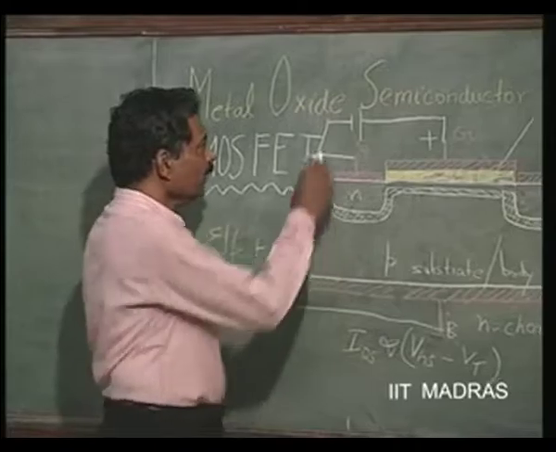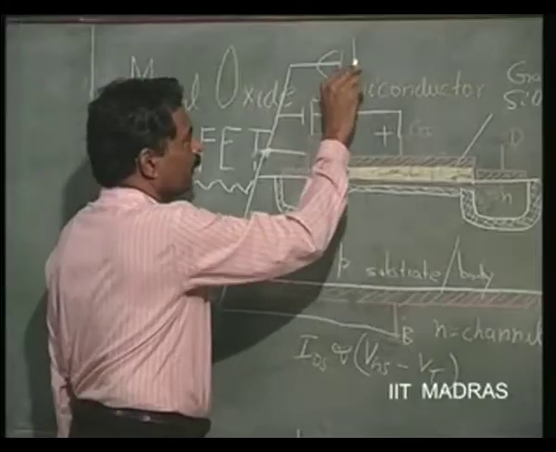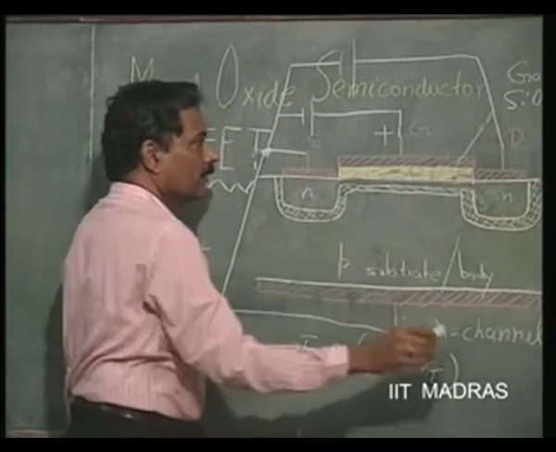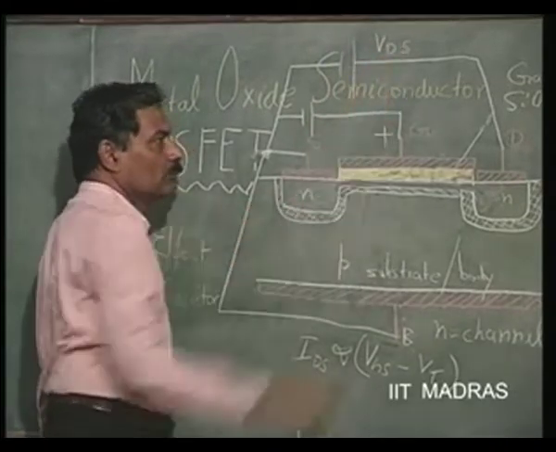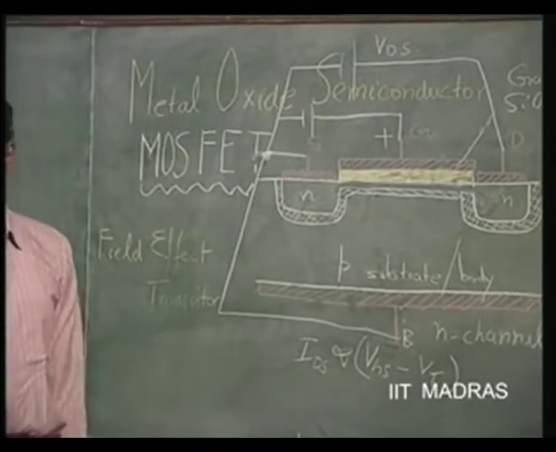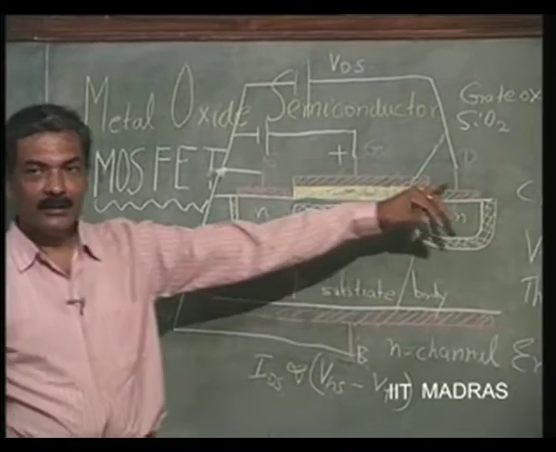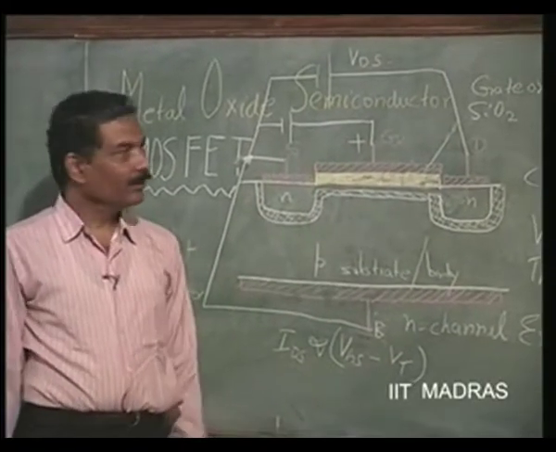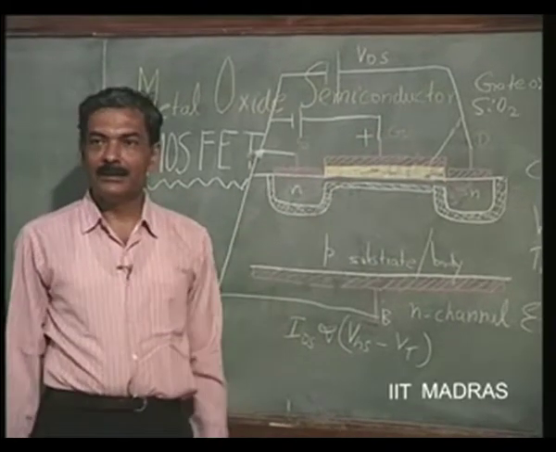So, let us now assume that the voltage applied to the drain is VDS. I am trying to make this drain more positive than the source. What happens now to VDG?